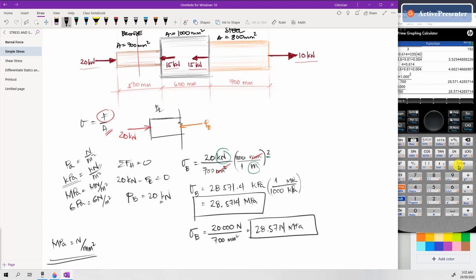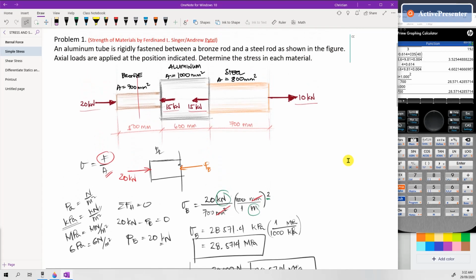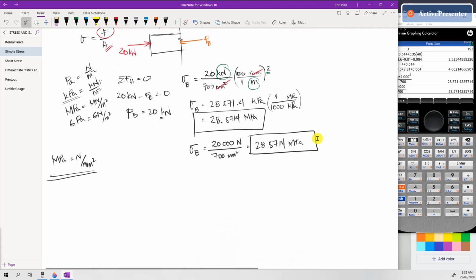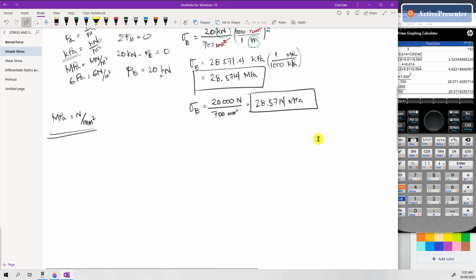aluminum. Okay, so once again, i-cut natin dito yung aluminum. Then let's draw the free body diagram para sa aluminum. So draw lang muna natin.